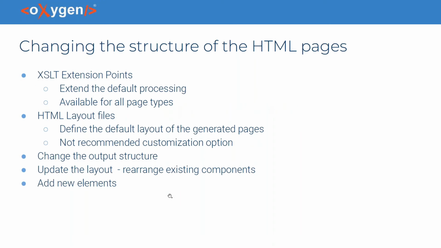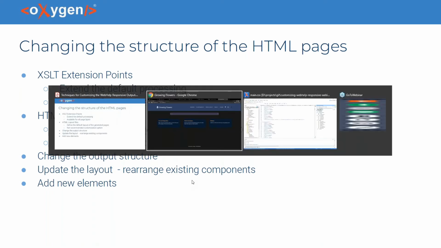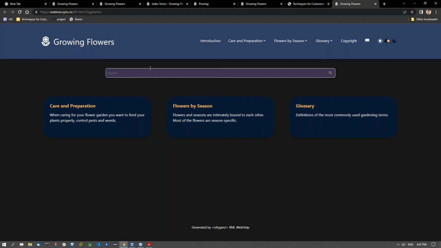Now let's move on with other customization steps I want to perform. And now that we have implemented the theme switch, I want to make one last change to the layout of the output HTML pages. I want to move the search input that is displayed in the center of each page.